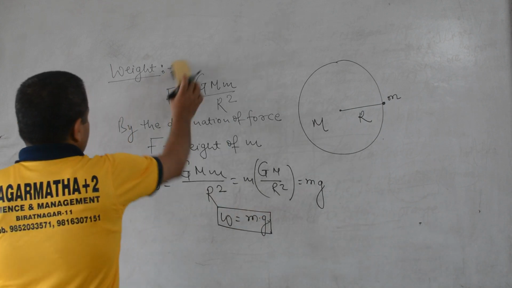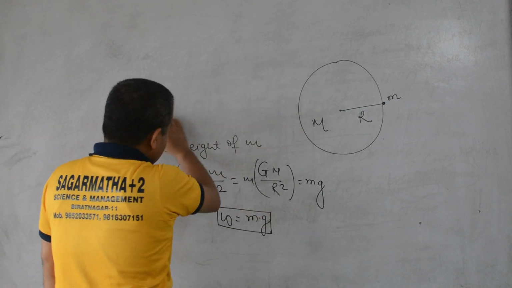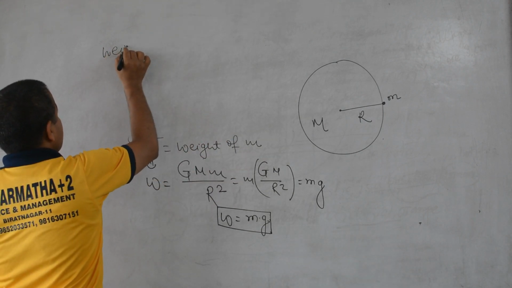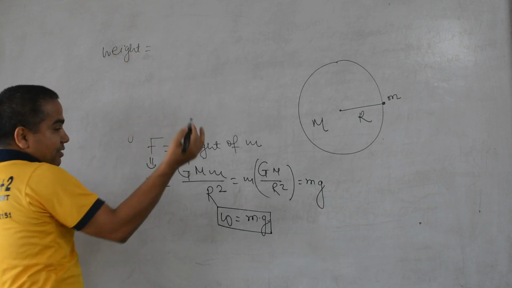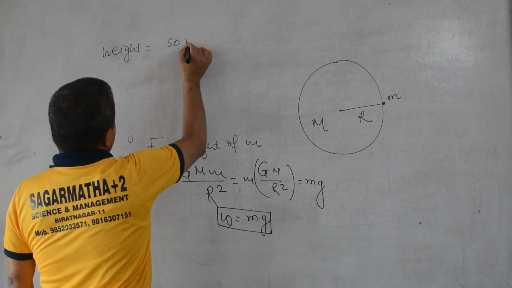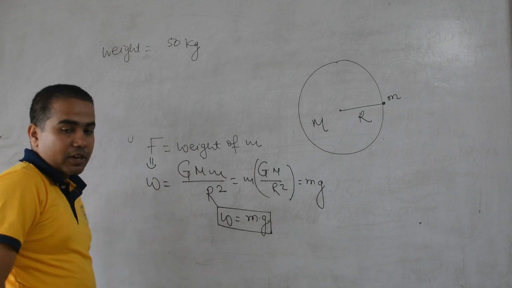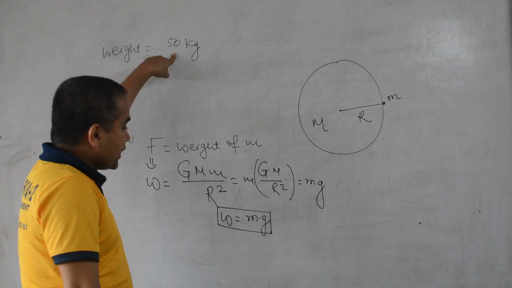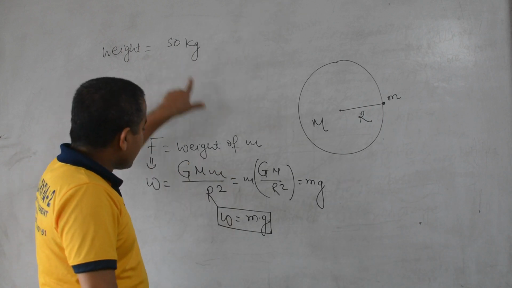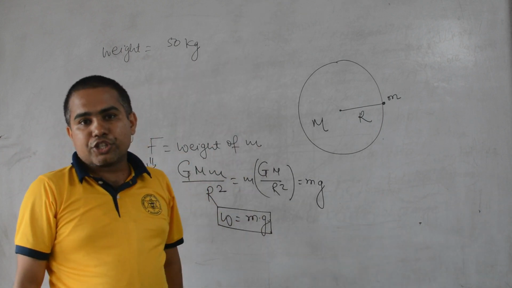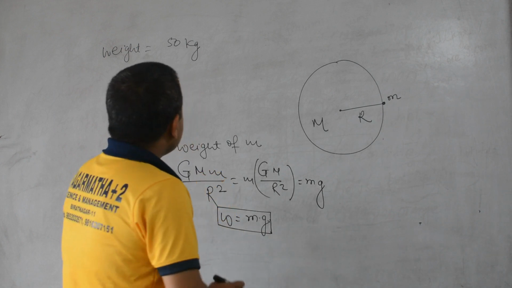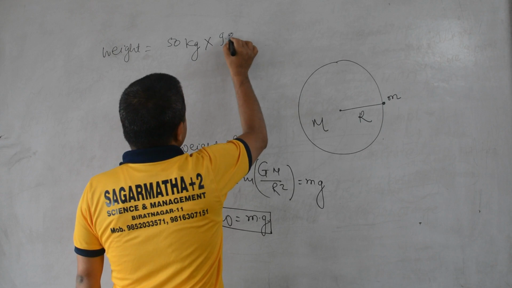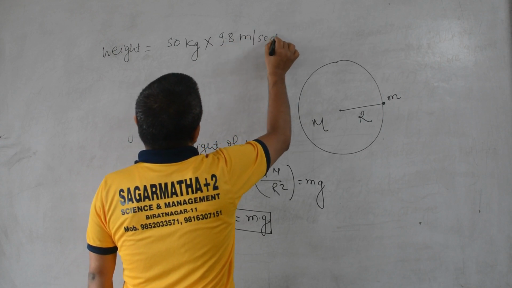So now let me answer the first question which was raised at the start of this video. What is my weight? I answered my weight is 50 kg, but actually I was wrong. I was not giving the answer of my weight, rather I was giving the answer of my mass. So if my mass is 50 kg, then what is my weight? In order to find my weight, I should know the acceleration due to gravity on the surface of the earth, which is approximately 9.8 meter per second square.